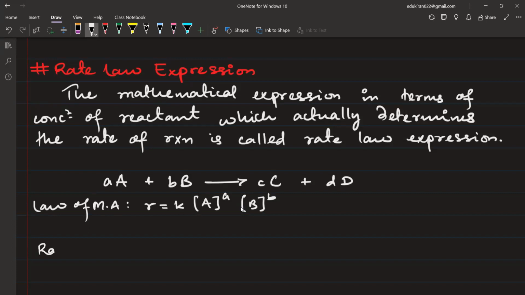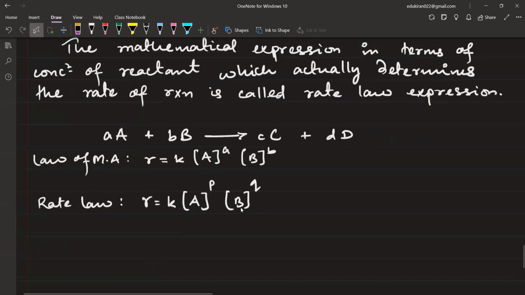But the rate law says that rate will be equal to the rate constant K multiplied by A to some power p, not necessarily a, and B to some power q. You can write m or anything, but please remember p and q may or may not be equal to a and b. This actually determines the rate of reaction.